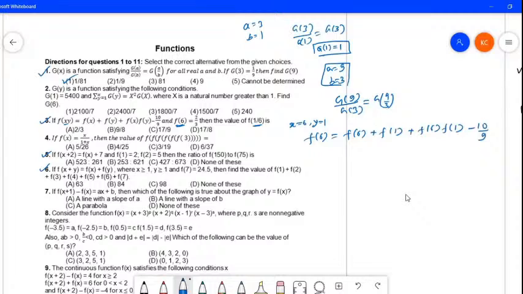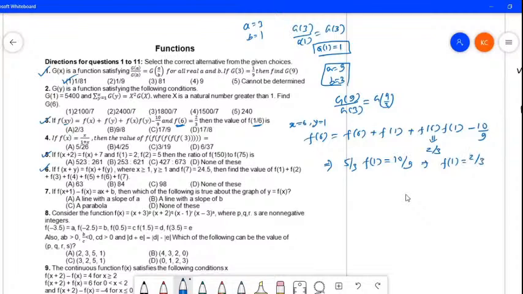So from here, since we have value of f of 6, we can find 5 by 3 f of 1 is equal to 10 by 9. We have value of f of 1. Let's see what is the value of f of 1. 30 by 45, so 2 by 3.